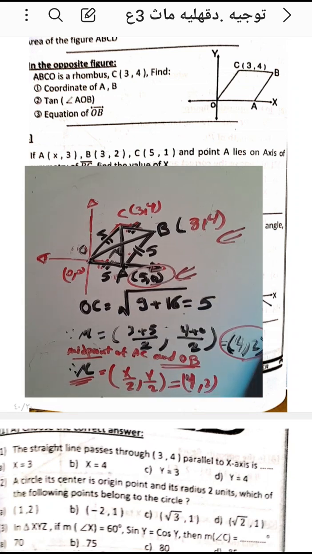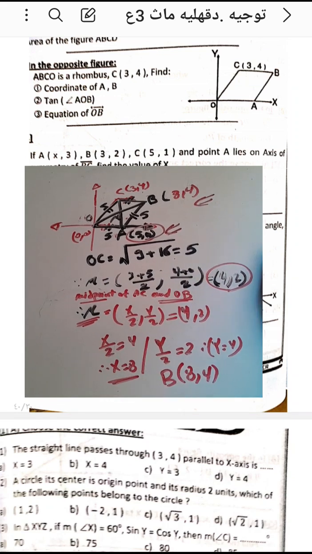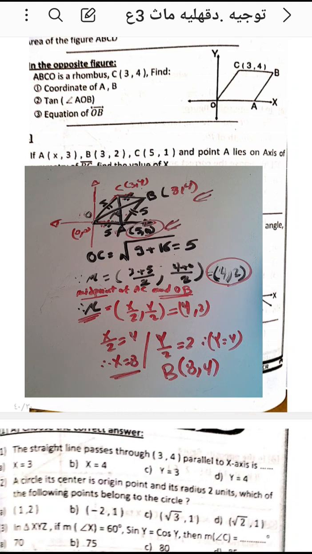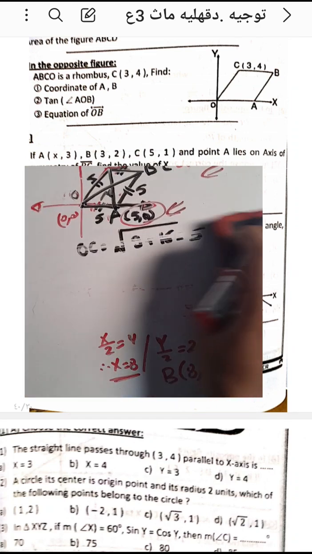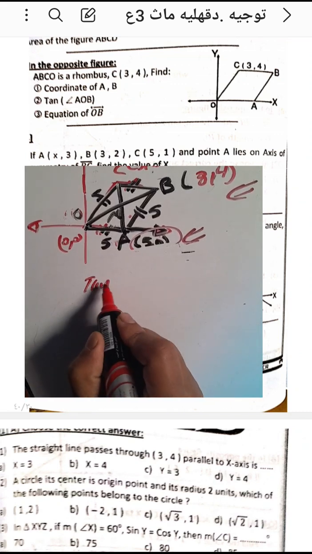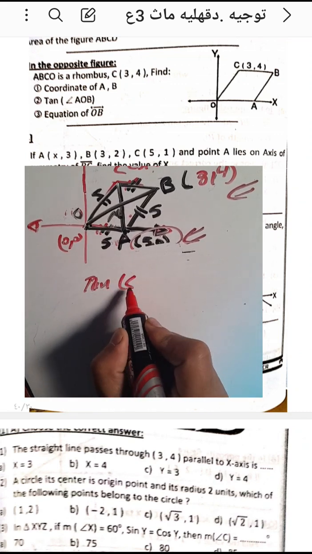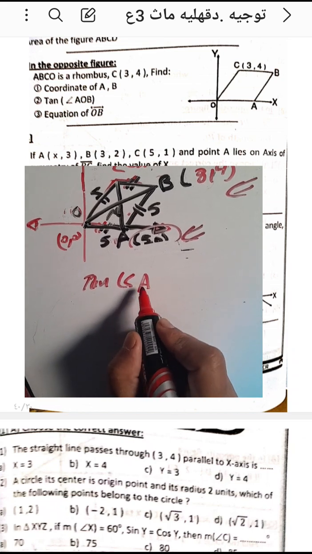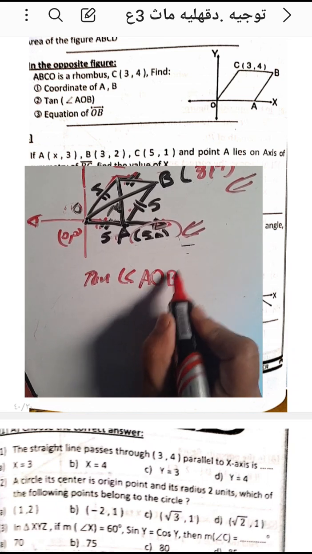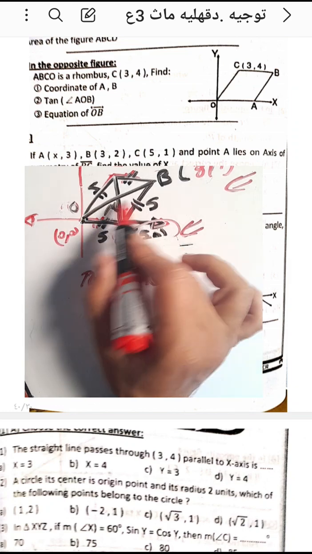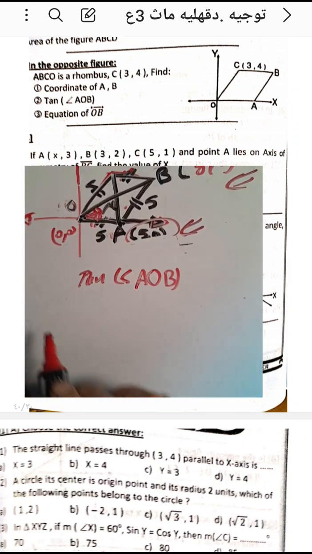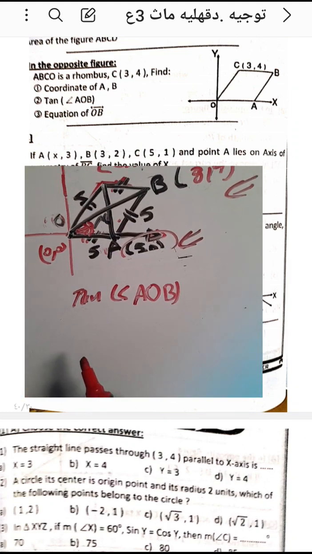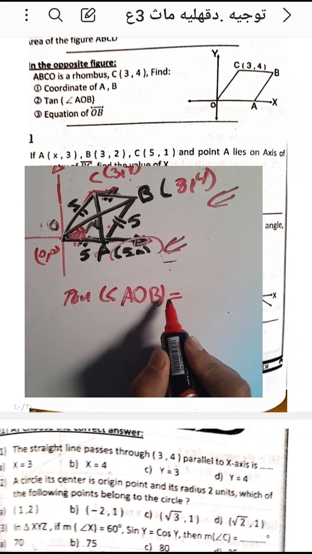Solution about this example. Second, we want to find tan of this angle AOP. To find tan of this angle, we can find the slope.